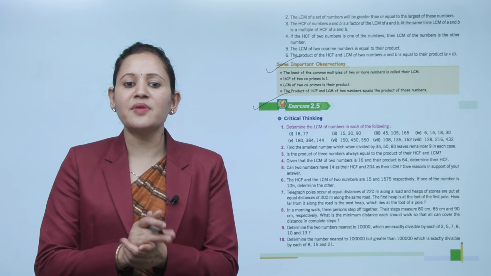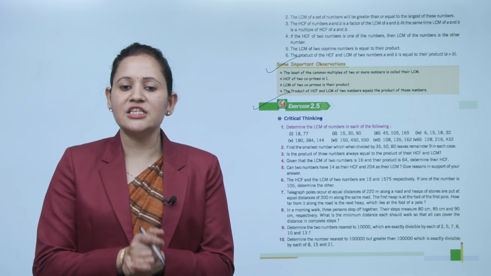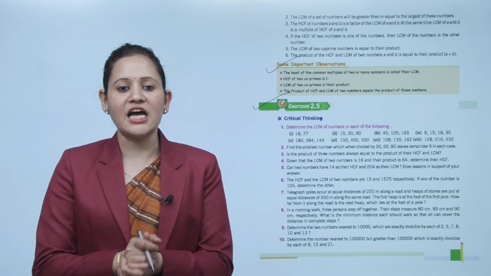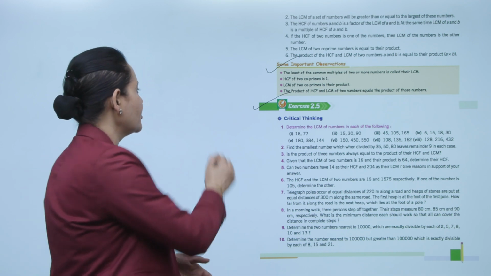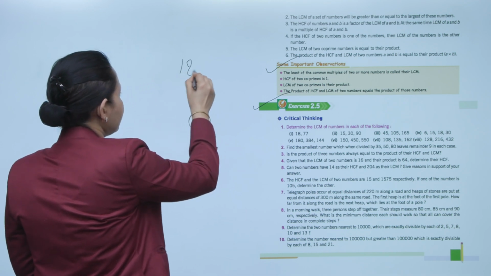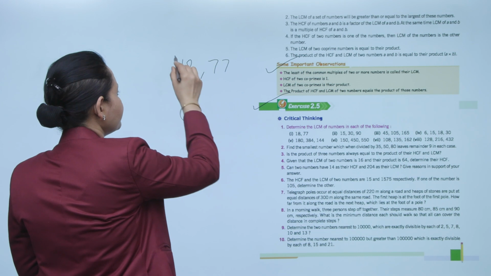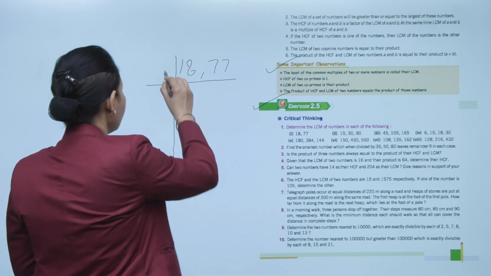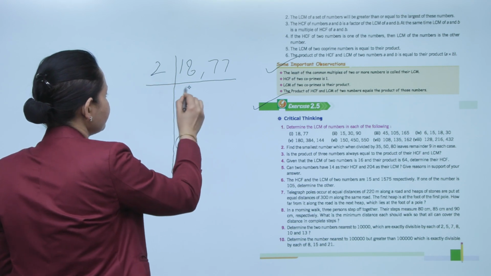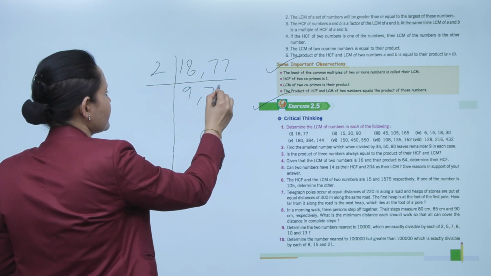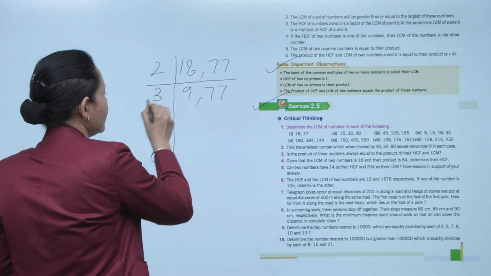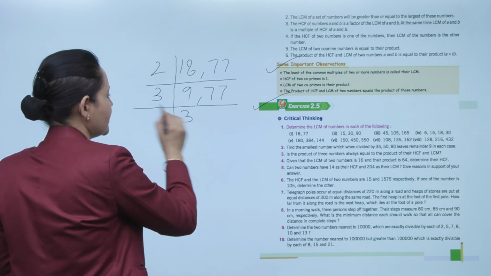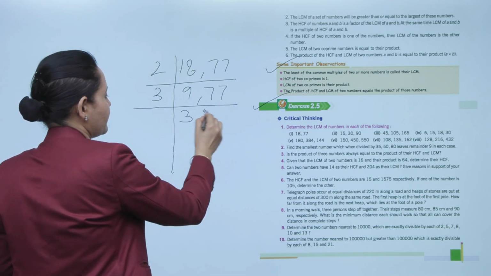Critical thinking. Determine the LCM of the numbers in each of the following. First is 18 and 77. So here I am using the division method. Then 3, 3 these are 9.